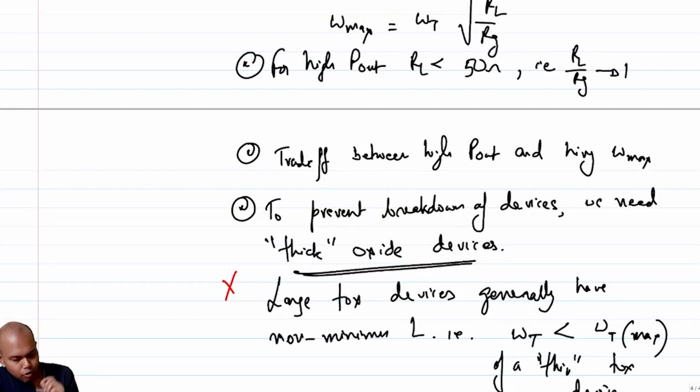If you go to a thick oxide device, that maximum 1 volt can go up to 2 volt, 2.5 volt, but the minimum length goes up from 60 nanometer to more than 200 to 250 nanometer. So you can see that omega t will reduce naturally because you are scaling by 1 over L squared. You can now afford to get higher swing. So there is also a trade-off, indirectly, between the power that you can deliver versus the frequency at which you can deliver the power.